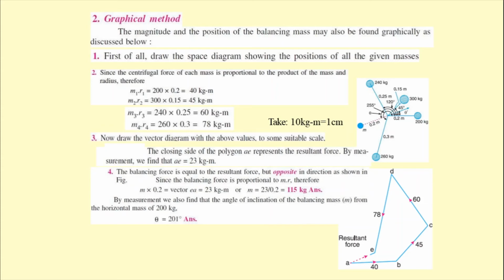Now for finding out what should be the angle of inclination of the balancing mass, what we have to do, simply we have to extend this line E to A. Remember, not from A to E, but E to A, just the reversed direction of A to E. And with the neutral axis, in this particular problem we can consider that AB is the x-axis.